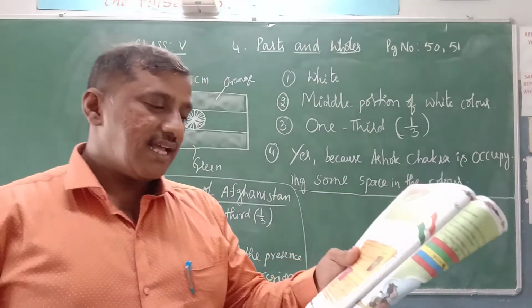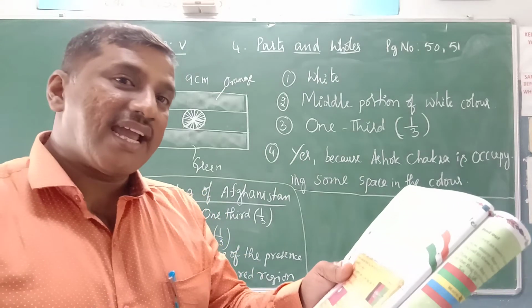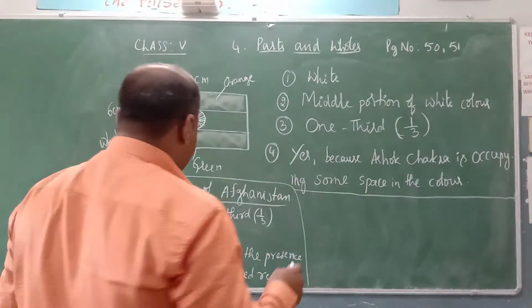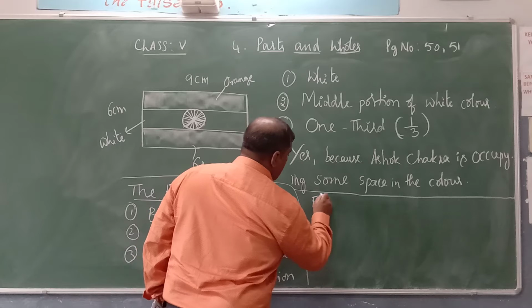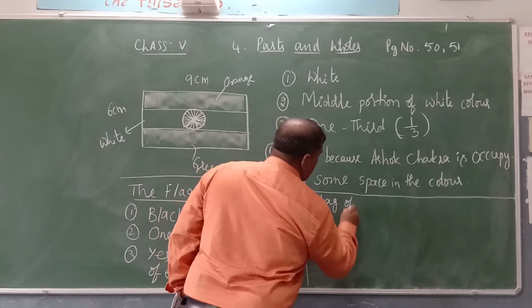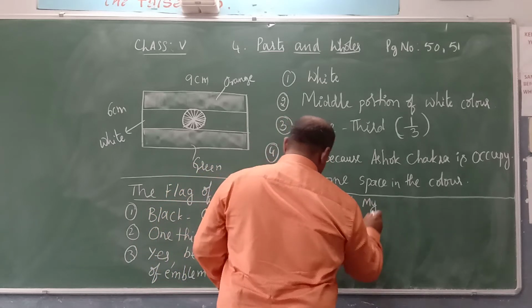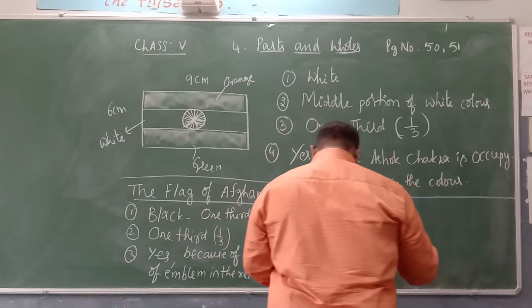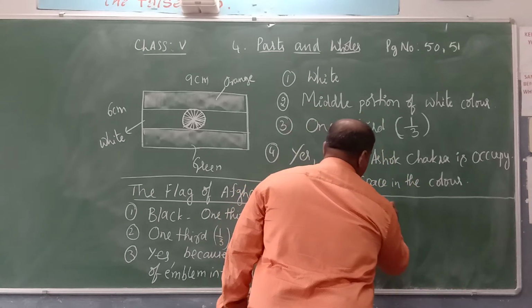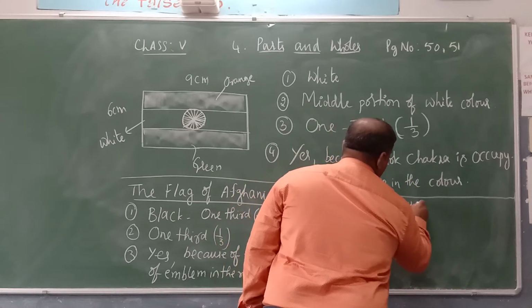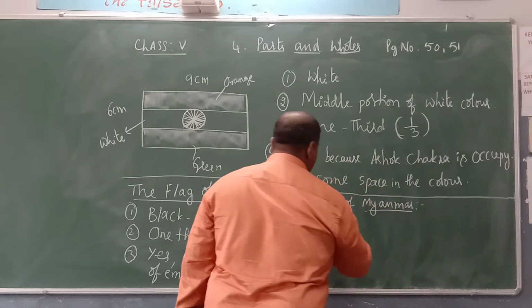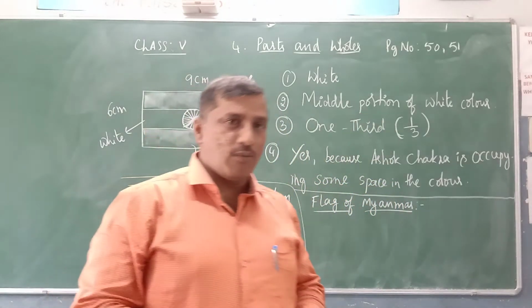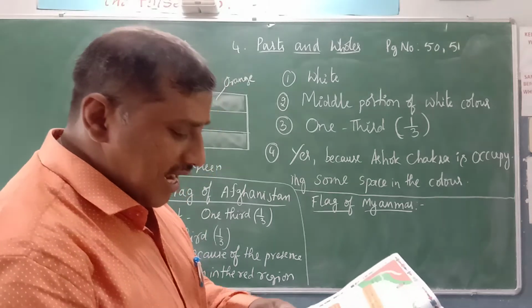Why is it? Because there is again an emblem there. Yes, that is the flag of Myanmar. So here, what are the questions? What colors are there in the flag of Myanmar? Red and blue, and one emblem is there in the white color.